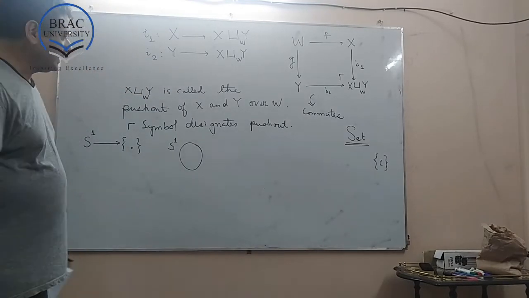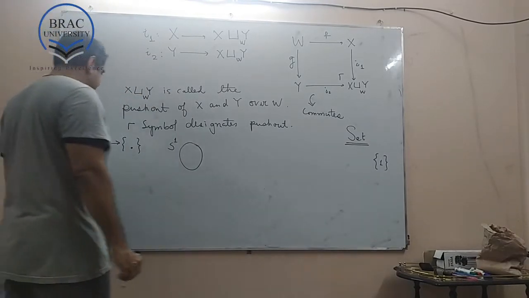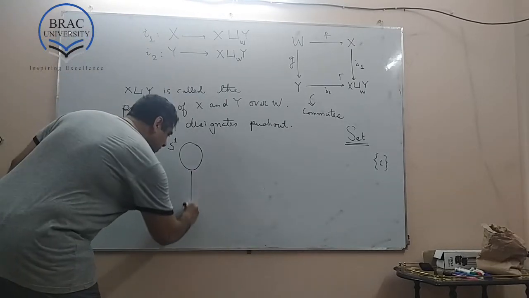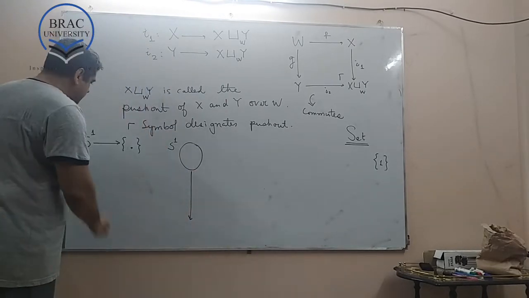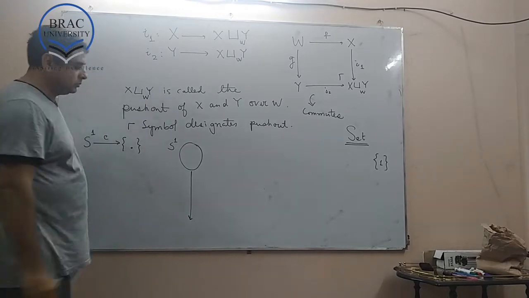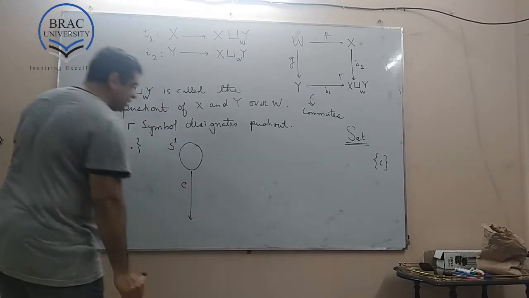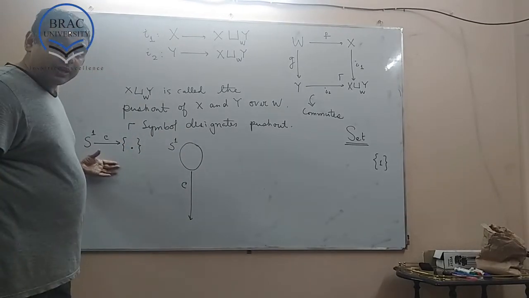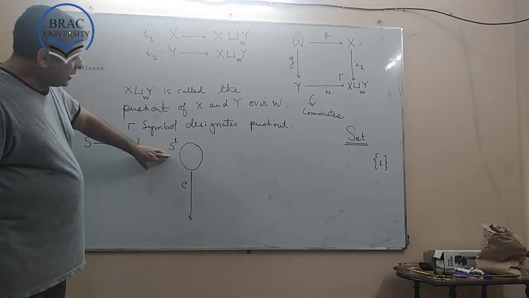Okay? And let us call this map C, which is a continuous function by the argument of terminal object here.